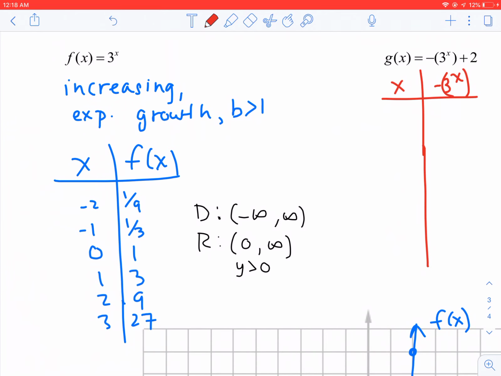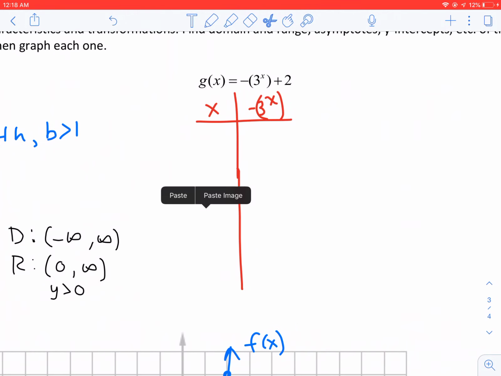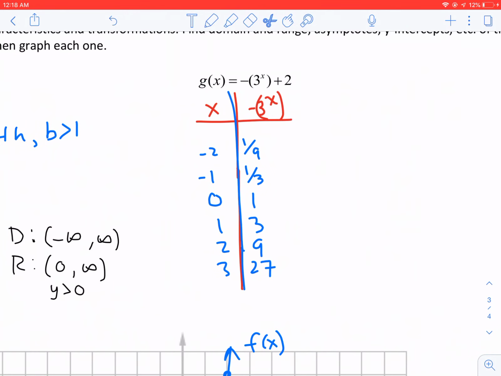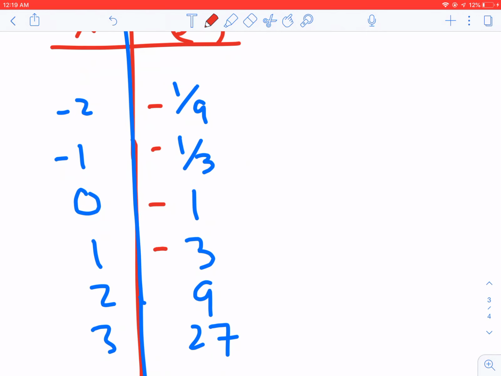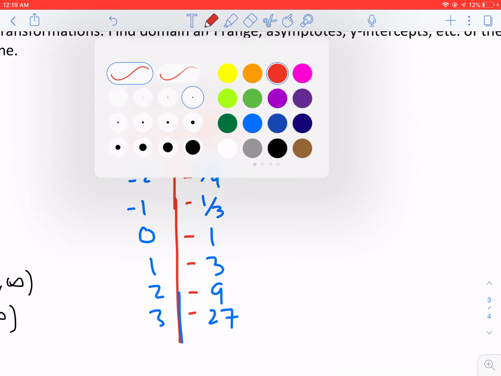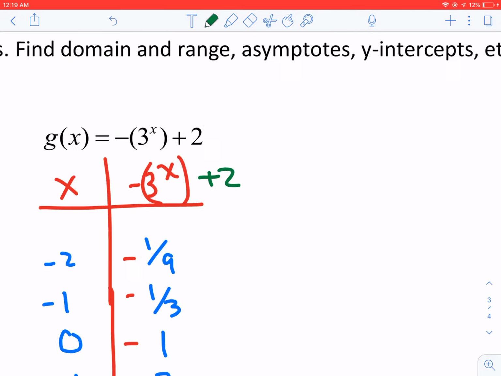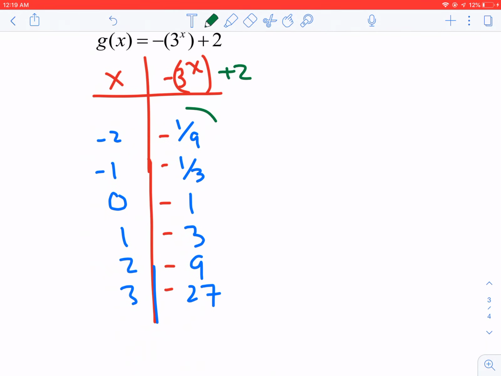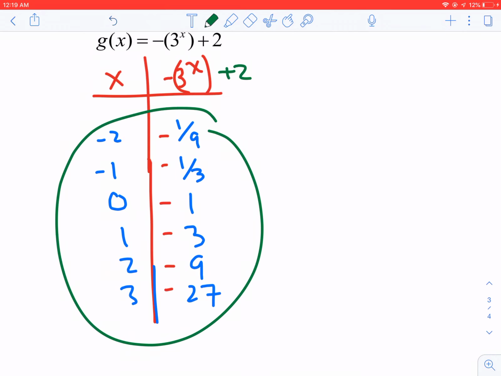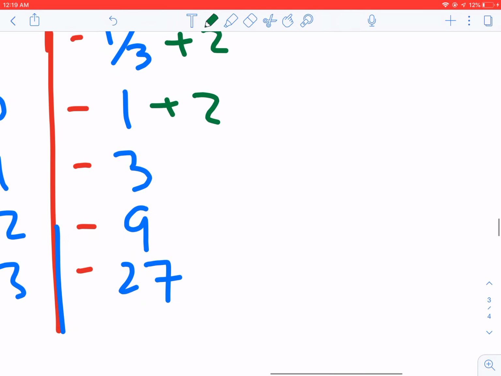And so I think I'm going to copy these values like before, paste them, and when I negate these values, these are all going to be negative. And now I'm going to draw on the +2 part. So right now I flipped it over the y-axis with these coordinates, and now I will move it up 2 units by adding 2 onto all of these values.